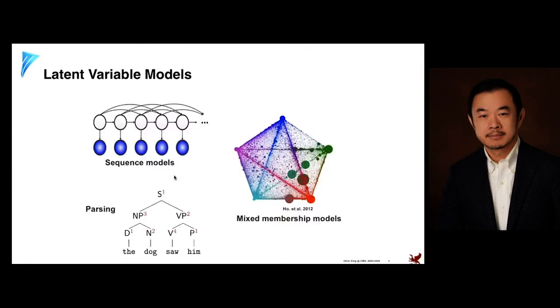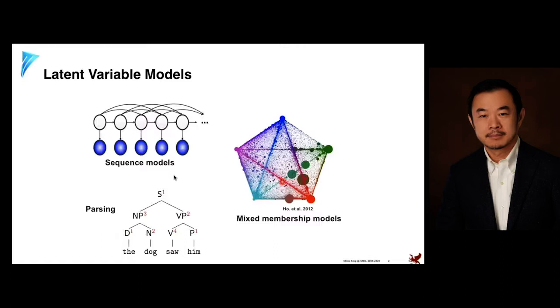And this is a model used in sentence parsing. You are given a sentence, you have part-of-speech tagging, and then you need to come up with a latent tree to parse the sentence, for interpretation or for sentence generation.